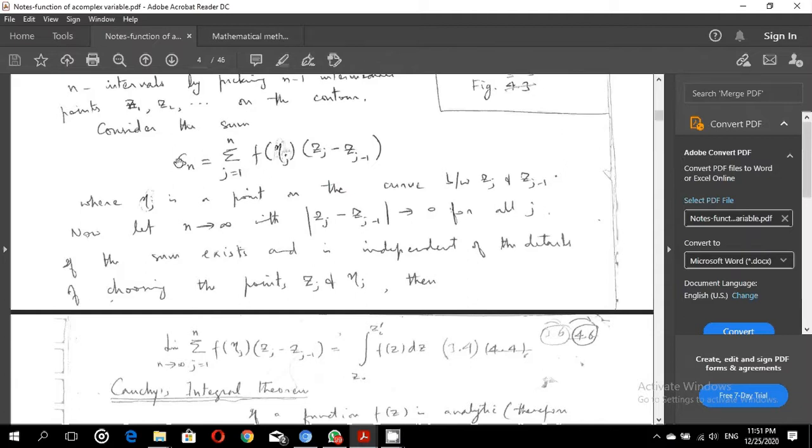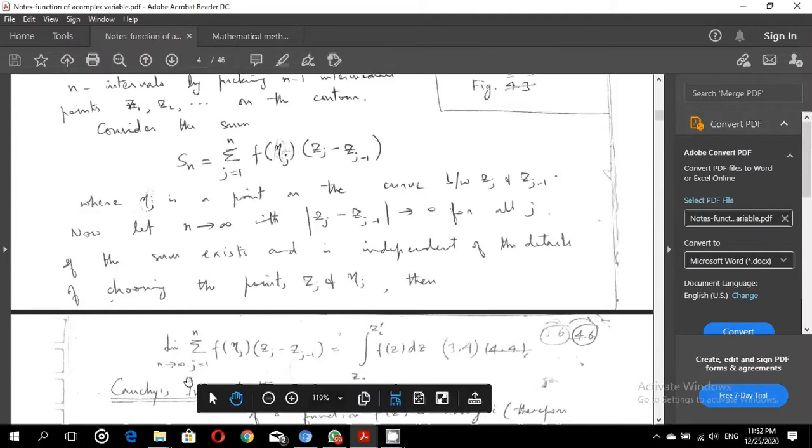Now under this condition, if this sum Sn exists, now listen carefully, if the sum Sn exists and is independent of the details of choosing the points zj and eta j, then the limit of this sum as n tends to infinity is called the definite contour integral of the function f of z dz from the point z0 to z0 dash.